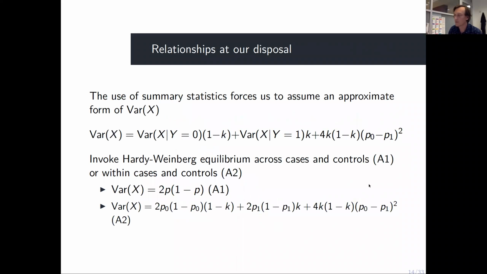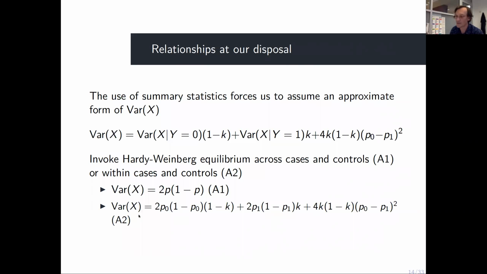So like I said, we have this form for the variance, and given we have summary statistics, we're going to have to assume something to get at the things that we're interested in. So what I'm going to write here is assumption 1 and assumption 2. We can simply assume that the variance of x is equal to what most people will think about it as, 2p times 1 minus p, or we can make this second assumption where we assume Hardy-Weinberg within cases and within controls.